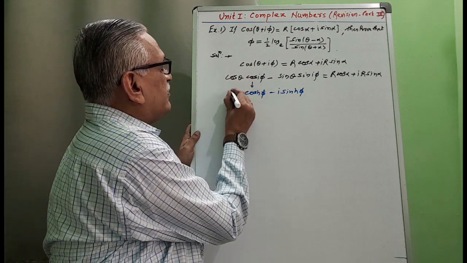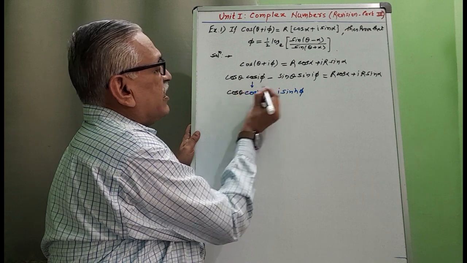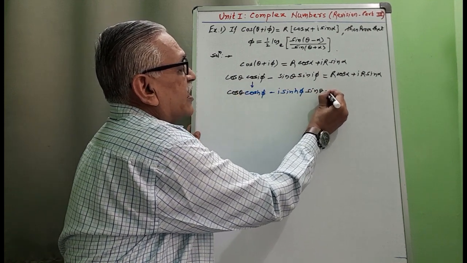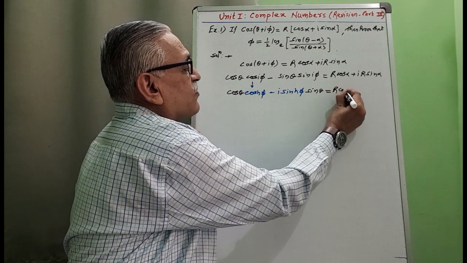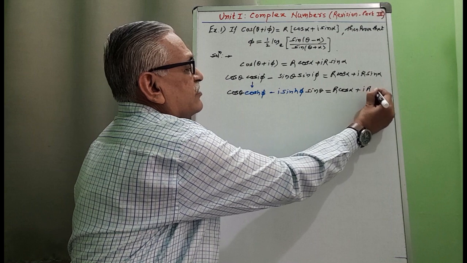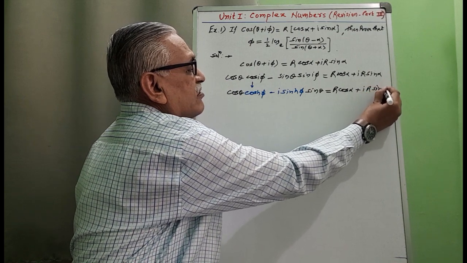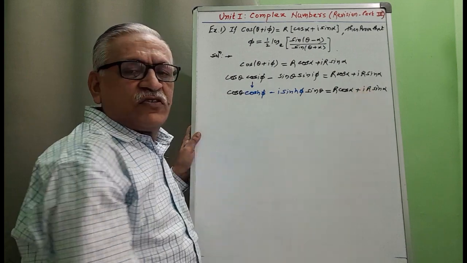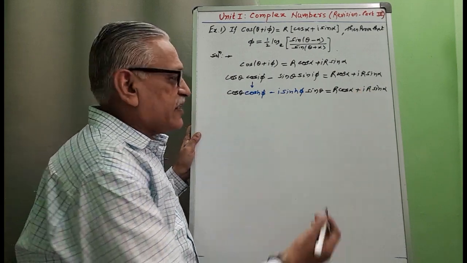Therefore, this cos theta as it is, and here it's sin theta as it is, and that is equal to r cos alpha plus i times r sin alpha. A complex number on left hand side is equal to another complex number on the right hand side.